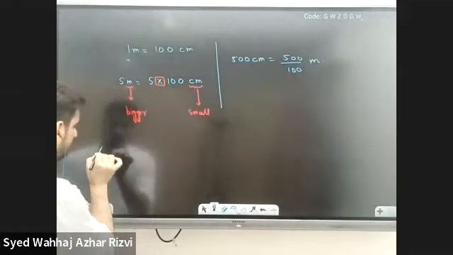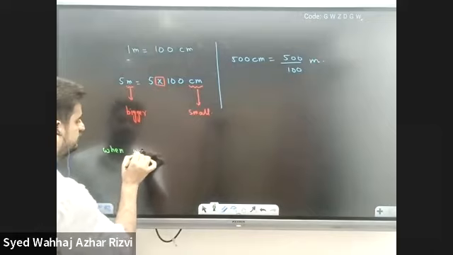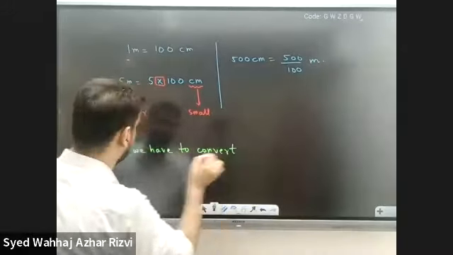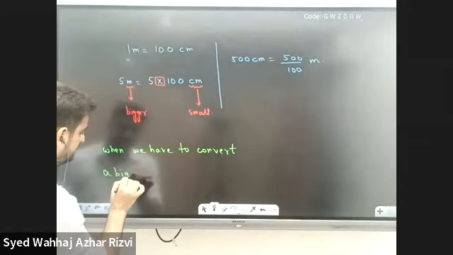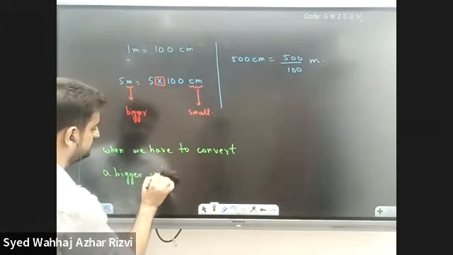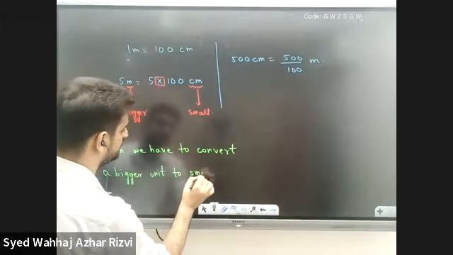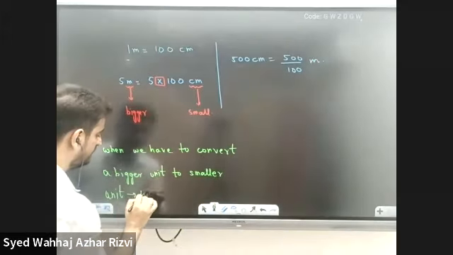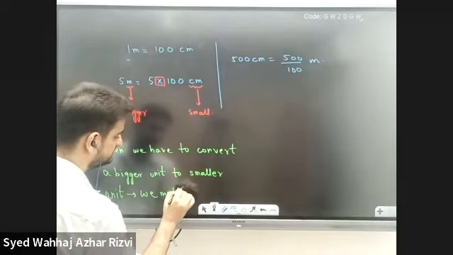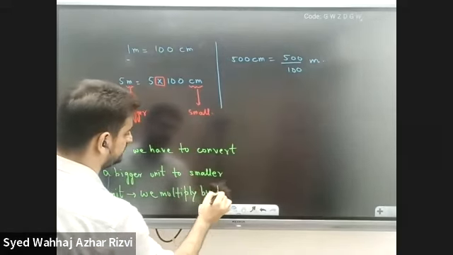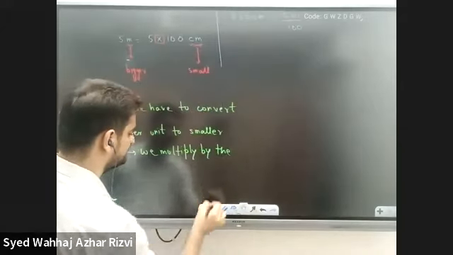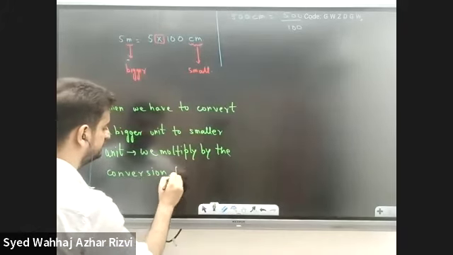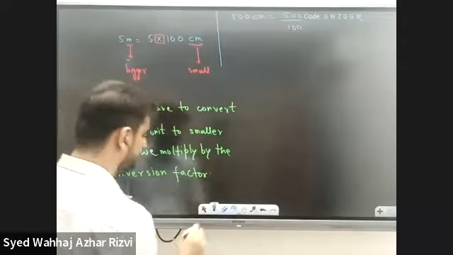What we have to do when we have to convert a bigger unit to a smaller unit, then we multiply by the conversion factor, right?